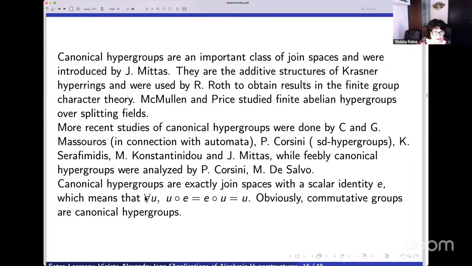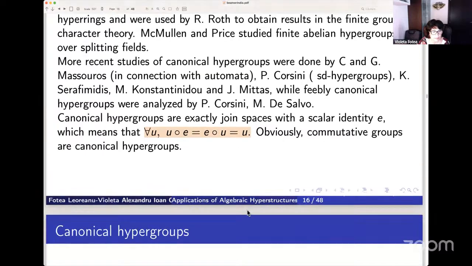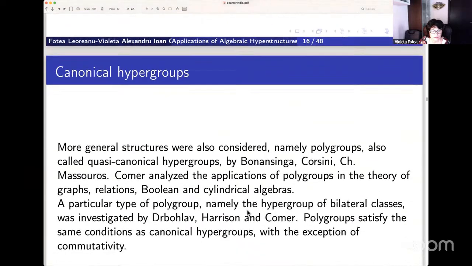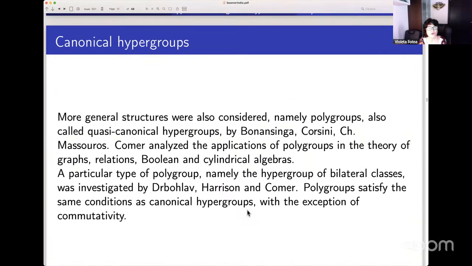What does it mean, a scalar identity? It means an element E such that for all U, we have U times E equal to U, and also equal to E times U, since they are commutative. More general structures were then considered, namely polygroups, which are also called quasi-canonical hypergroups.